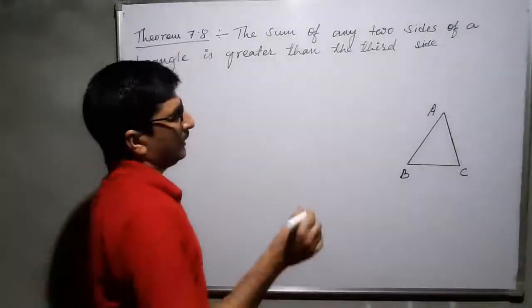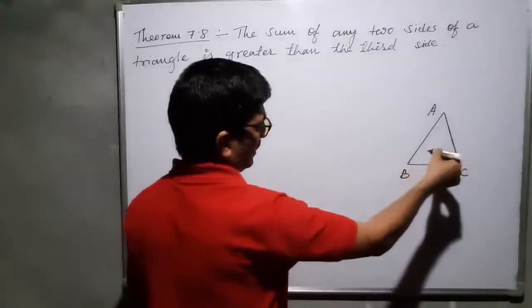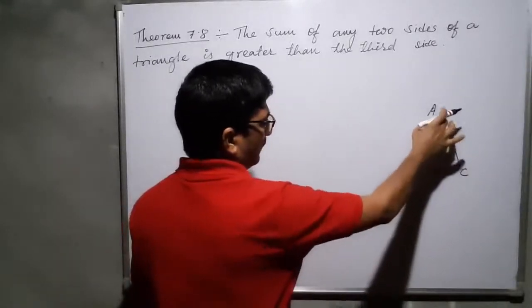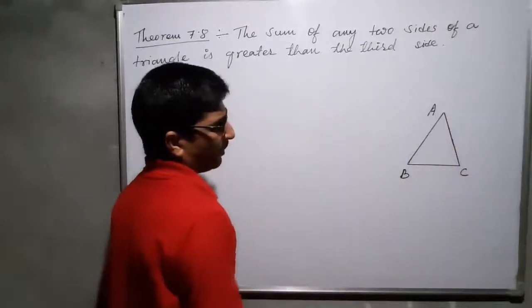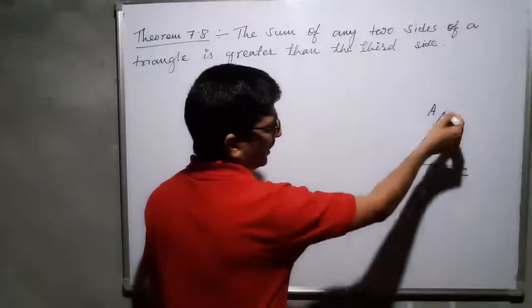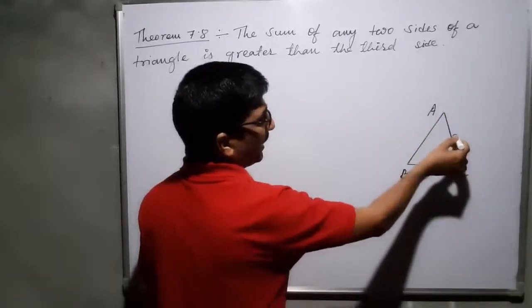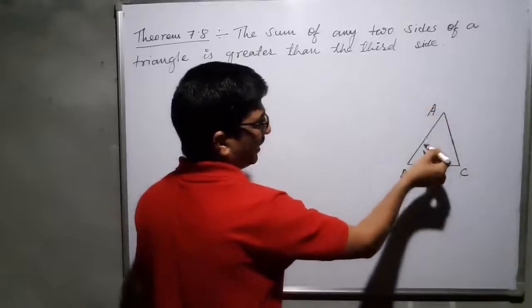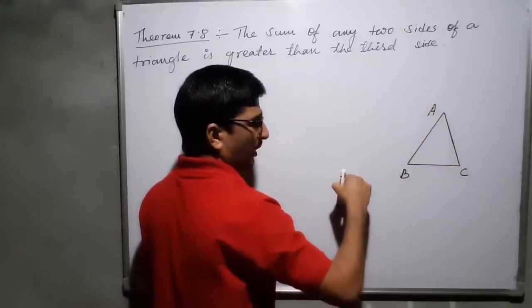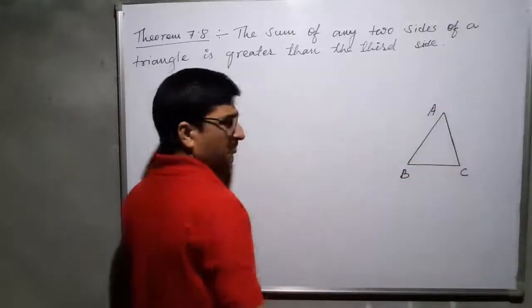Means in this triangle ABC, the sum of AB and BC is always greater than AC, or the sum of BC and AC is greater than AB, or the sum of AB and AC is greater than BC.